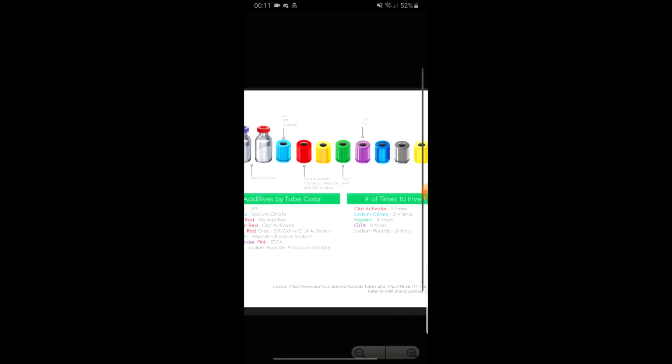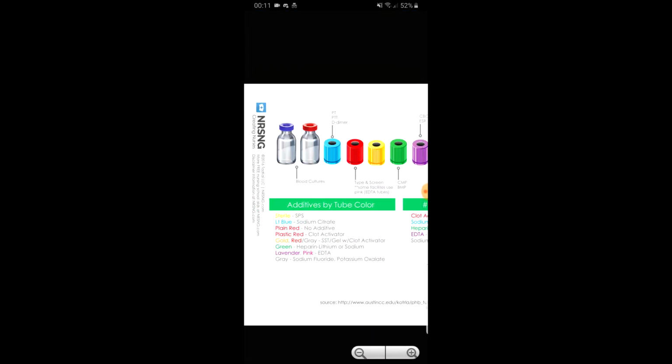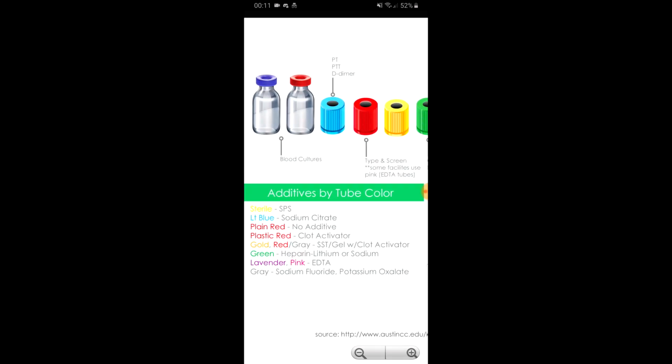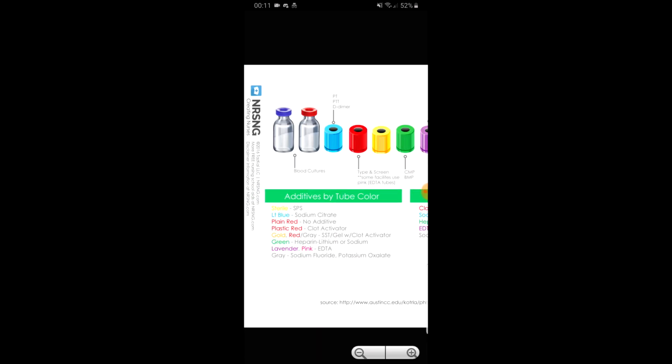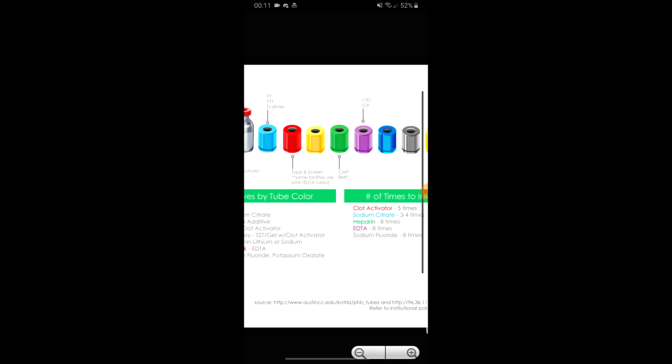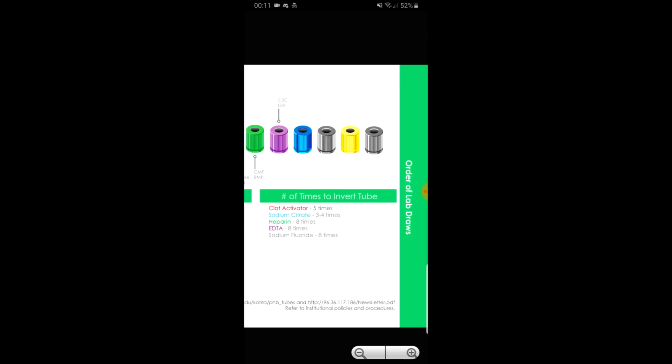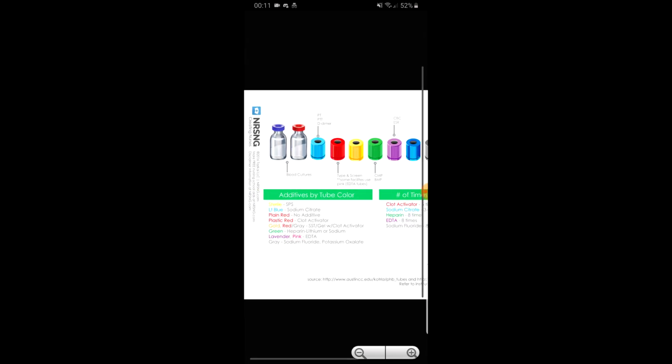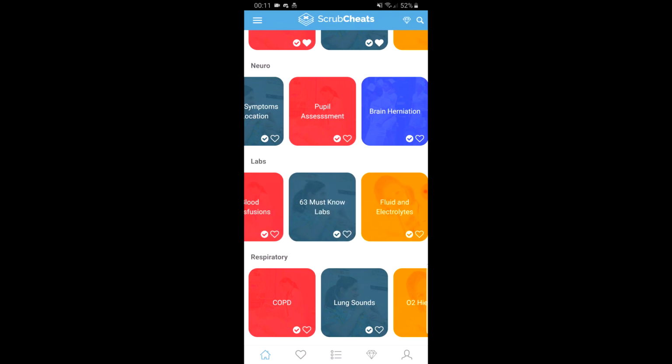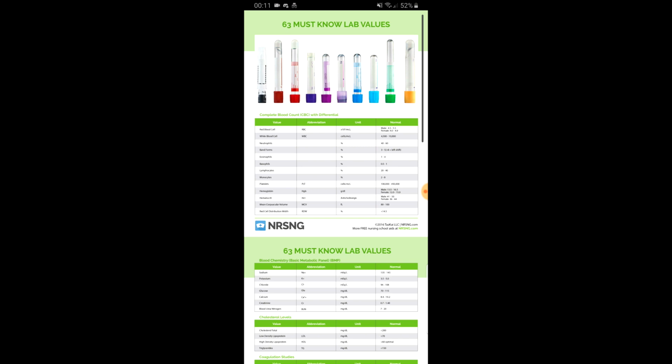Orders of lab drawings as well. Not many people actually know the orders. I personally don't know. So having this in my pocket, I already know what I'm looking at. Boom. I'm not going to go and faff around trying to ask everyone, trying to get a phlebotomist and say, hey, can you help me out with this? And lastly, the 63 labs that you need to know.